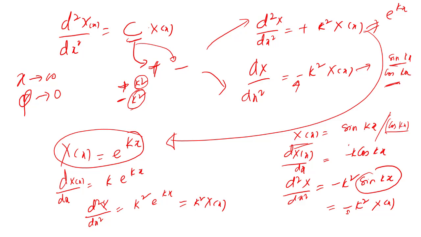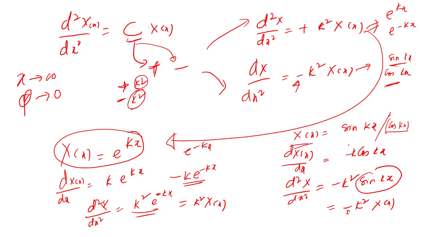But if, instead of e to the power kx, I have e to the power minus kx, that would also be a solution, because the first derivative is minus k times e to the power minus kx, and if I do the derivative again, I still get the same thing, I would just get a negative sign here.